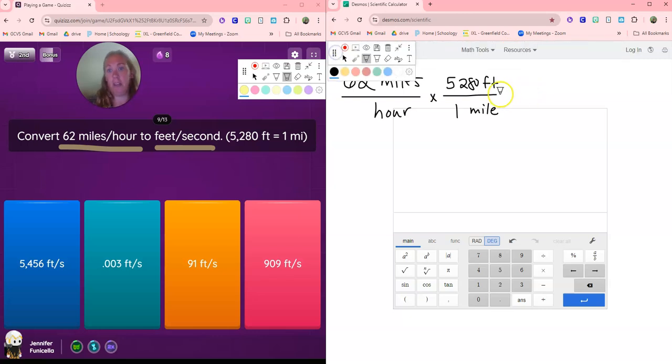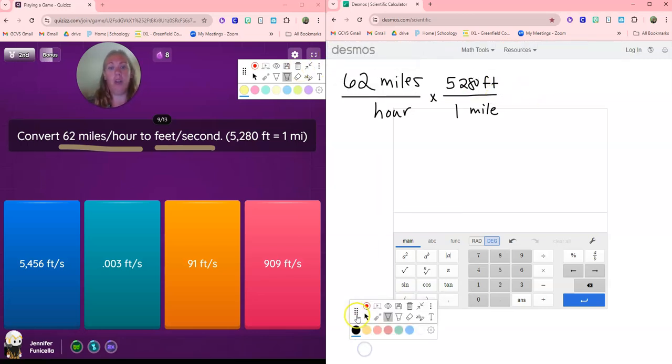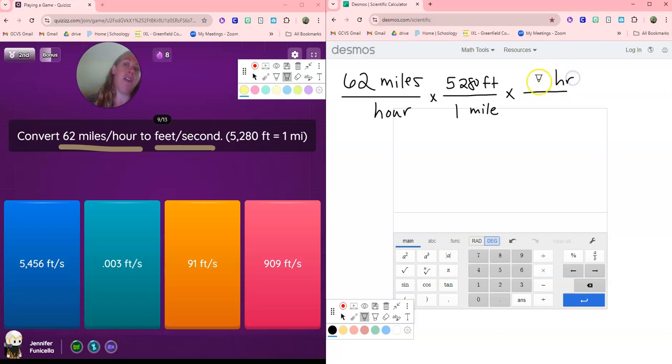That's going to get us into feet, but we also want to change our hours to seconds. So right now we have hours. In 1 hour there are 60 minutes. And 1 minute is 60 seconds.